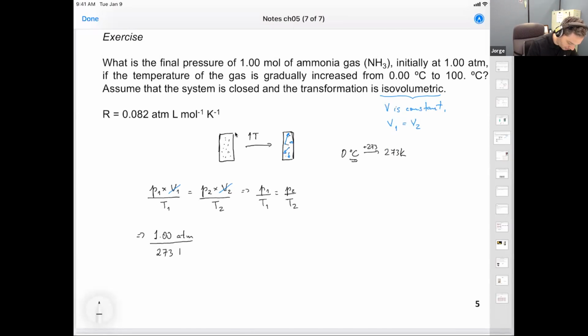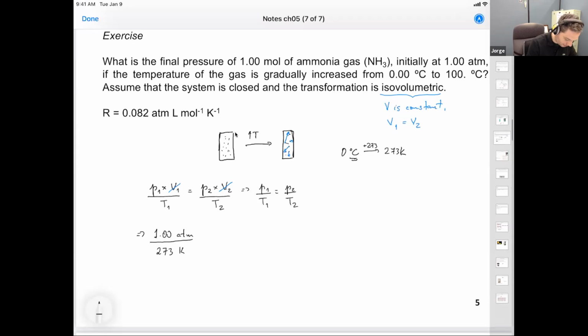We are going to put here 273 Kelvin equals final pressure. That's what we are looking for, over final temperature, 100 degrees Celsius. Transforming this to Kelvin, we have 373 Kelvin, and we are going to replace right here.